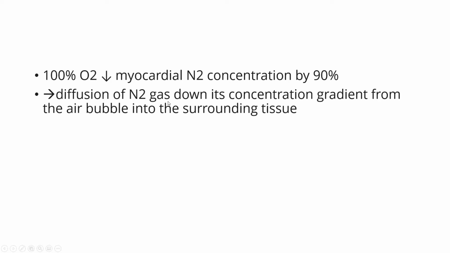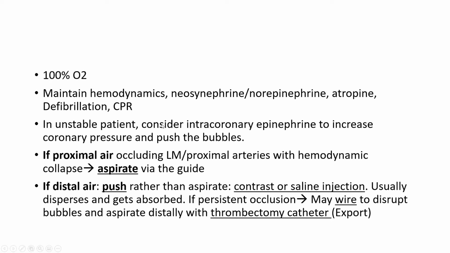That's the hypothesis of why 100% oxygen works. So the treatment is 100% oxygen, maintain hemodynamics, be liberal in the use of pressors, atropine, defibrillation, CPR. Those are the most important two.